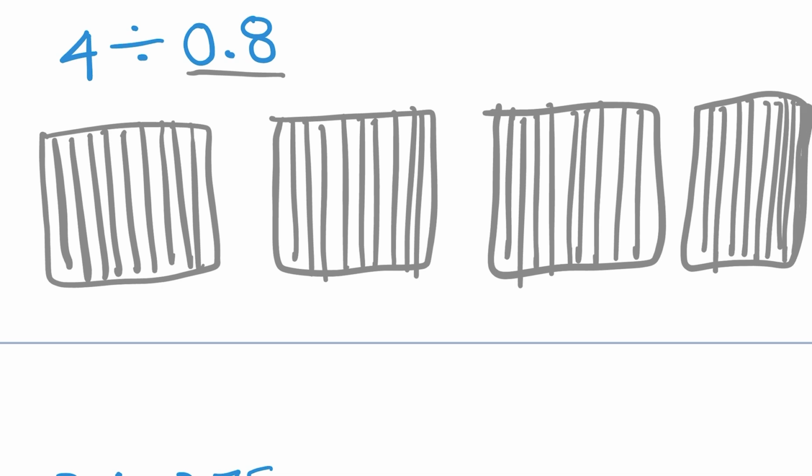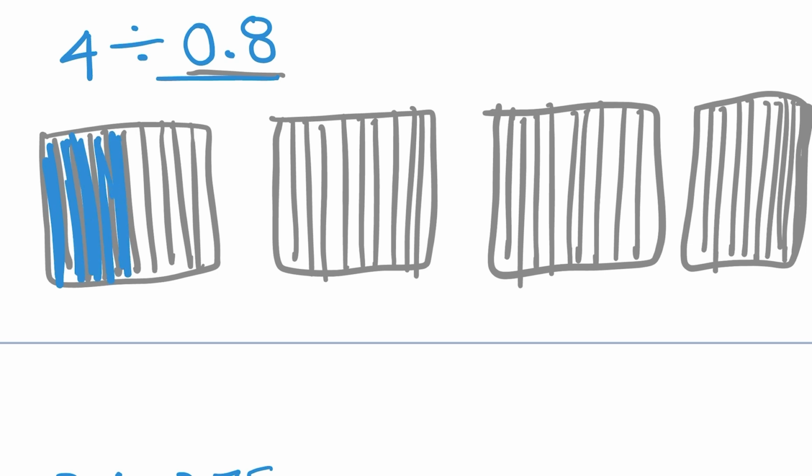Oop, that was kind of bad. Okay, we're going to do the same thing, groups of 8/10 this time. So 1, 2, 3, 4, 5, 6, 7, 8.